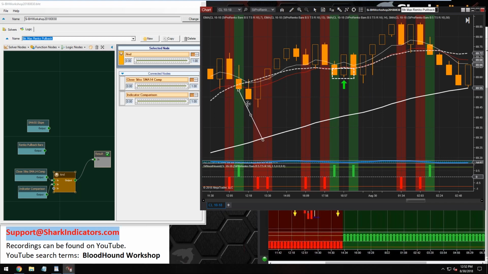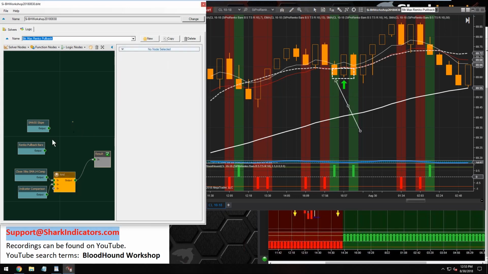This one is not because it's too far away from that SMA. So no output. That's what we want. This one has an output because it's within that 5-tick range below the SMA. And okay, so everything looks good so far. So now we need to connect the other parts of this system up, into this here.